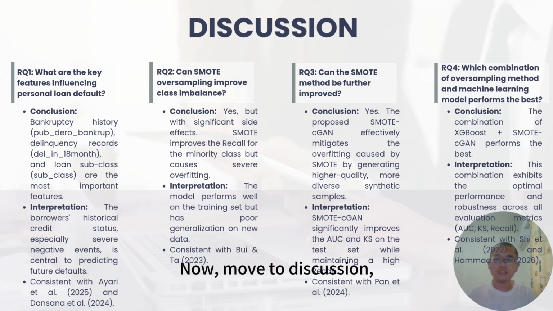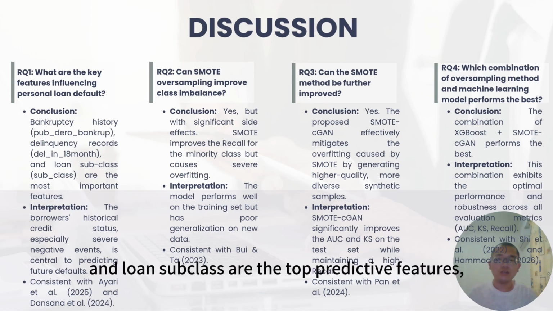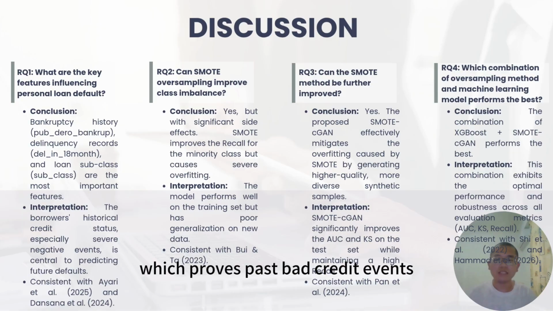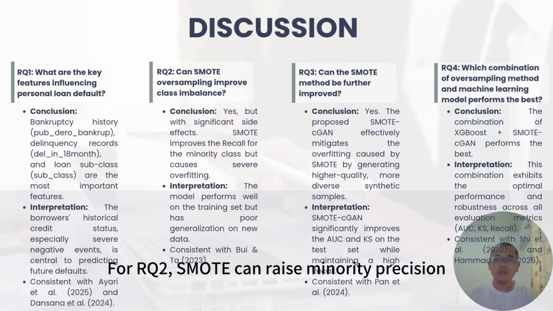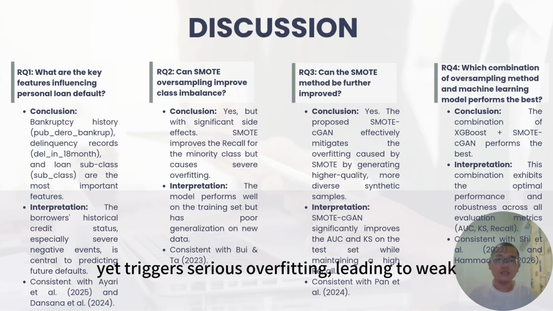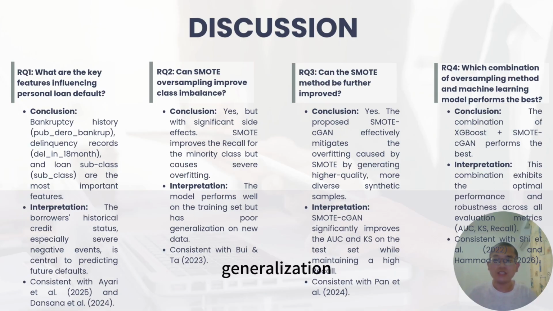Now move to discussion organized around 4 research questions. For question 1, bankruptcy records, overdue history, and loan subclass are the top predictive features, which proves past bad credit events dominate default risks. For question 2, SMOTE can raise minority precision, yet triggers serious overfitting, leading to weak generalization on unseen data.